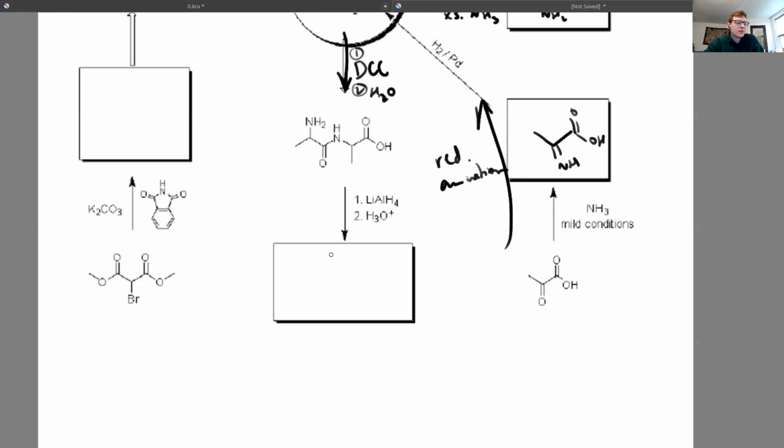What will that do? Lithium aluminum hydride does something with esters, right? Not esters, amides. I assumed that it would just reduce.